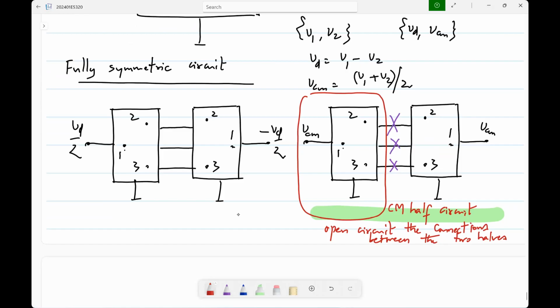Which one? Yeah, right, but they're still corresponding to each other, right? So yeah.